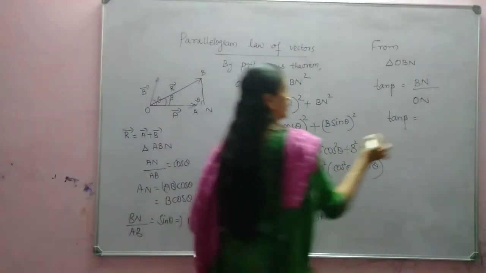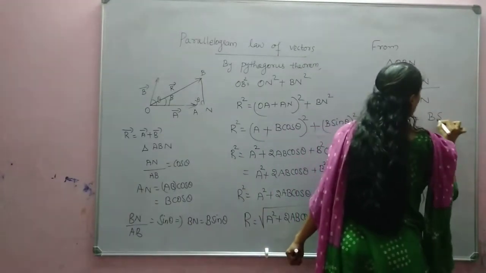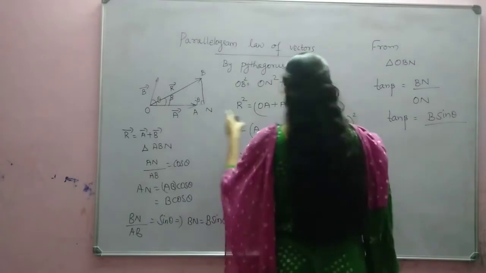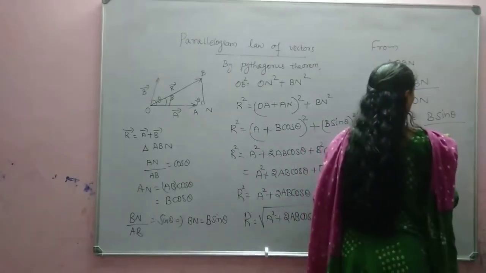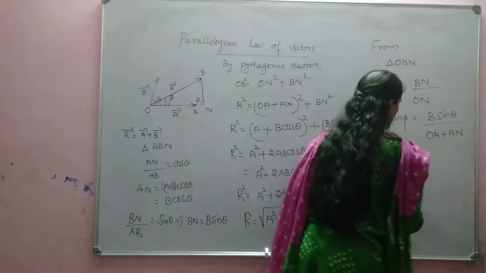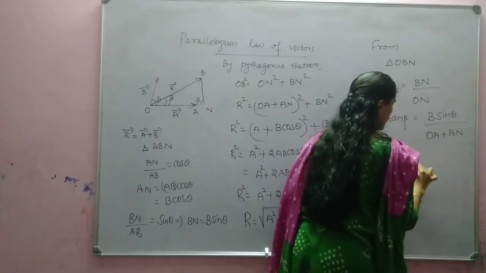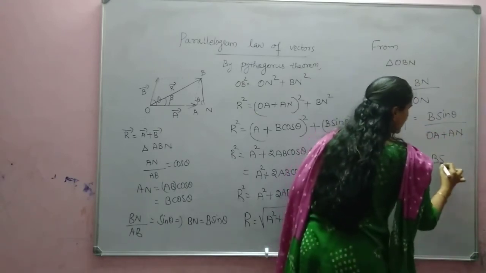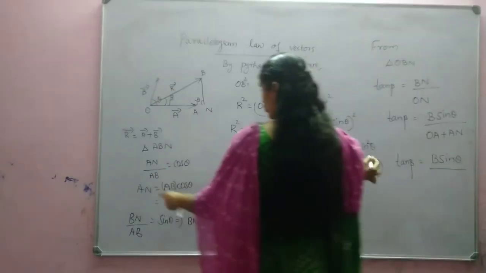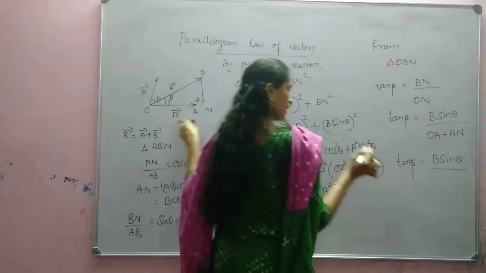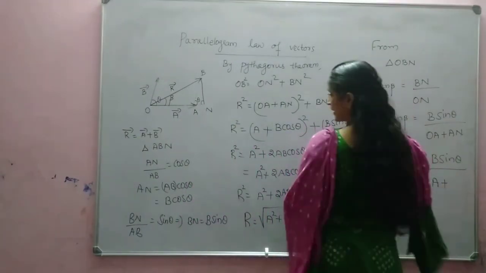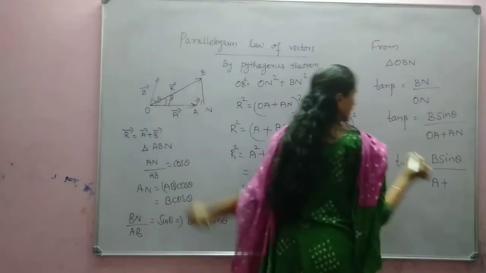ON can be written as OA plus AN. So tan beta is equal to B sin theta divided by, instead of OA we write A, and instead of AN we write B cos theta.